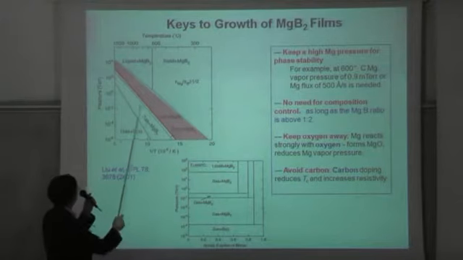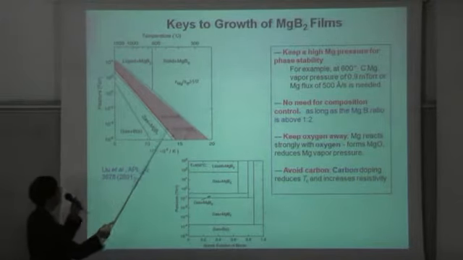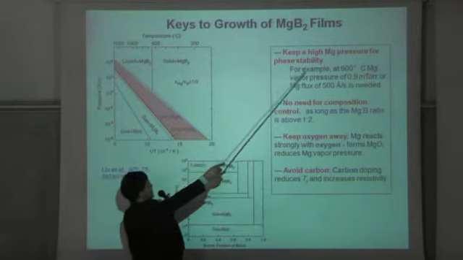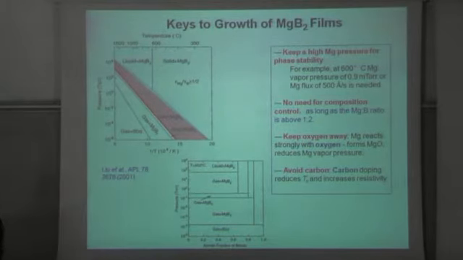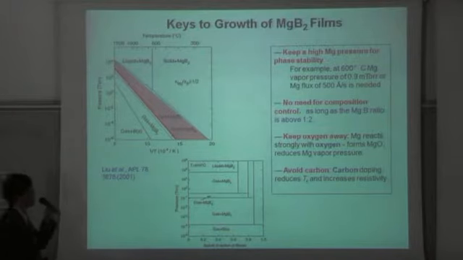First, from thermodynamic calculation, we find that we need to have a very high magnesium vapor pressure during the growth to keep the magnesium diboride phase thermodynamically stable. This is one of the biggest problems early on when people were trying to grow these materials. It's very high, so it poses big technical difficulties.